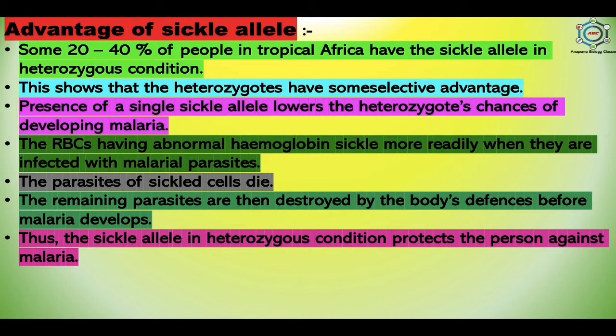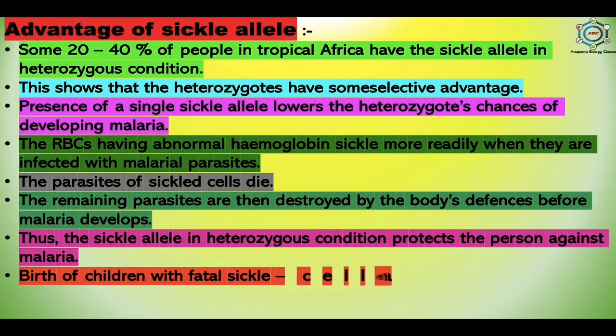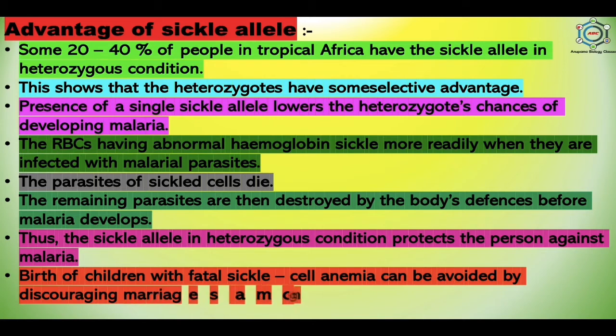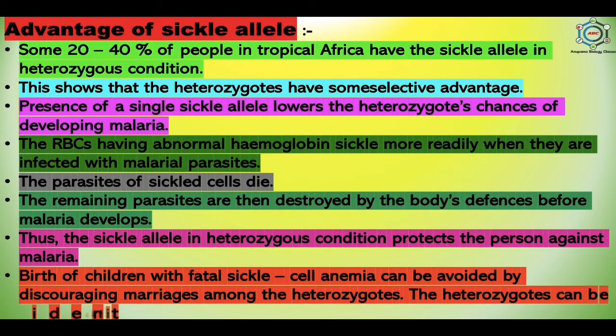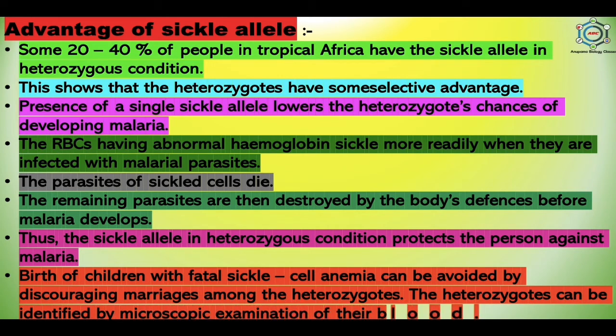Now, how to avoid sickle cell affected individuals? The birth of children with fatal sickle cell anemia can be avoided by discouraging marriages among the heterozygotes. The heterozygotes can be identified by microscopic examination of their blood.